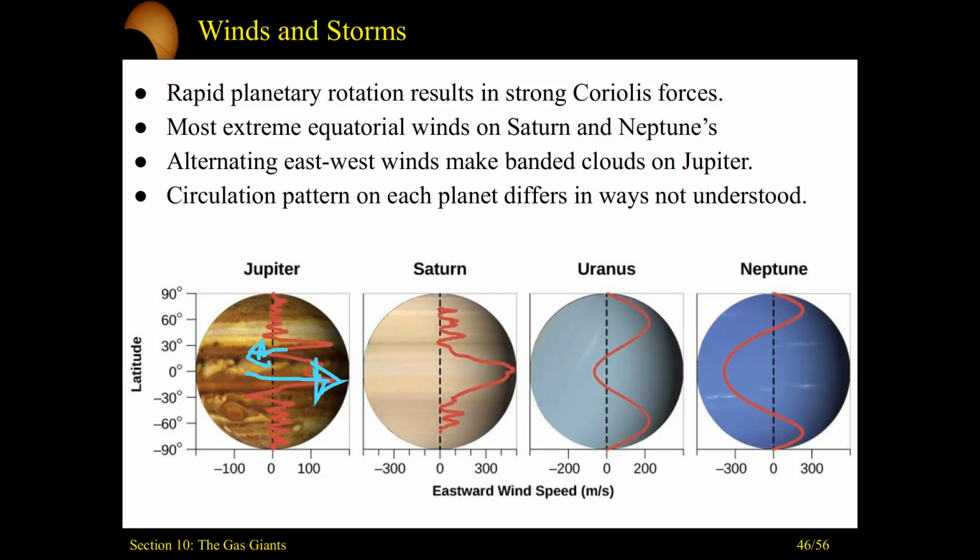The combination of these westerlies versus easterlies creates a swirling vortex. So that crisscrossing is where you see the vortexes, the storms forming on Jupiter.